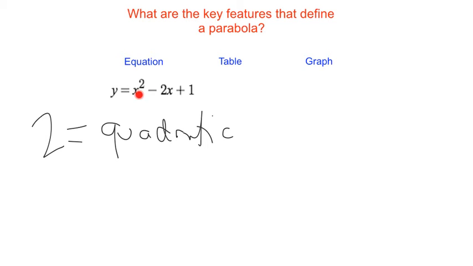So in this case, the bigger number in the exponent is the one that matters to us. We also have this 1 off by itself here, and you might wonder what that is. It turns out that, in the same way as for a linear relation, this number by itself is the y-intercept. So this graph, if we were to graph it, and we will in a second, has a y-intercept of (0, 1).